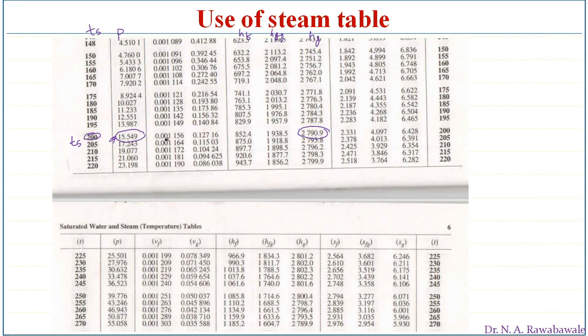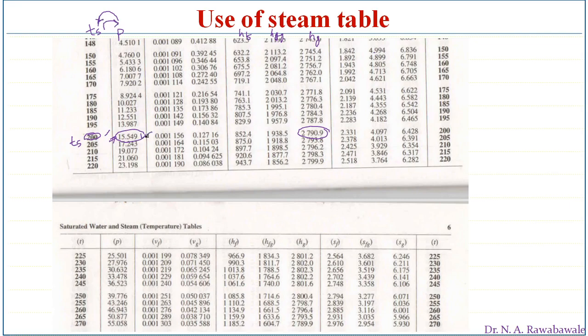So it may be with reference to the pressure, or it may be with reference to the saturation temperature. These values are not going to change. Only these two columns are going to interchange. Saturation temperature comes here, pressure goes here. The rest of the values are going to remain the same.